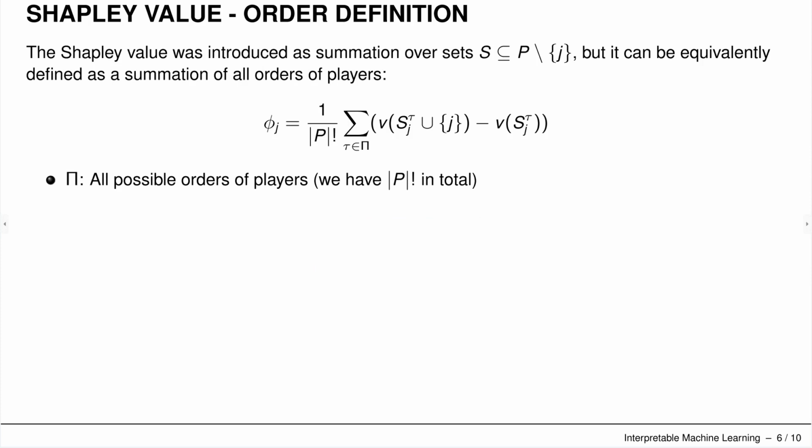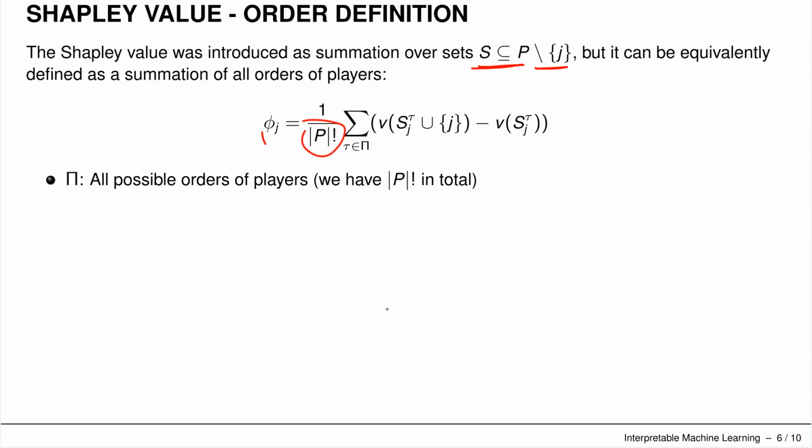If, on the other hand, we want to do the order definition, we take again all sets of players of S without J, but we look at all orders. So what we do now is, there is P, the size of P, so how many players do we have, and the factorial of that is the possible number of orderings.